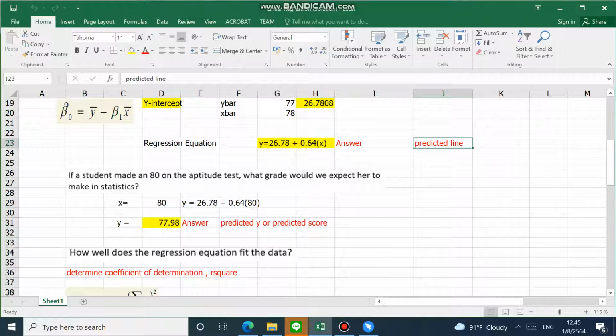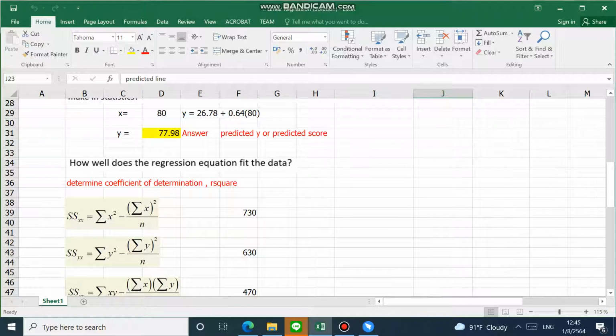If x is equal to 80, what is the predicted y? So you have linear equation, so you can just replace x with 80. So the predicted y is 77.98. So this is the predicted y or predicted score.